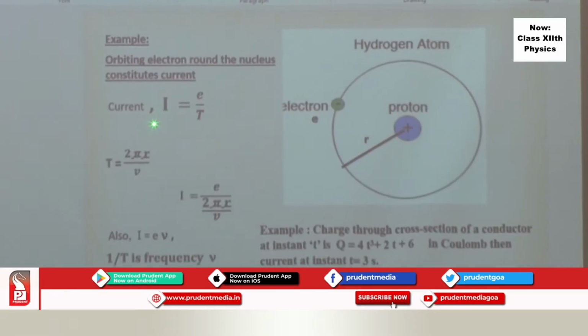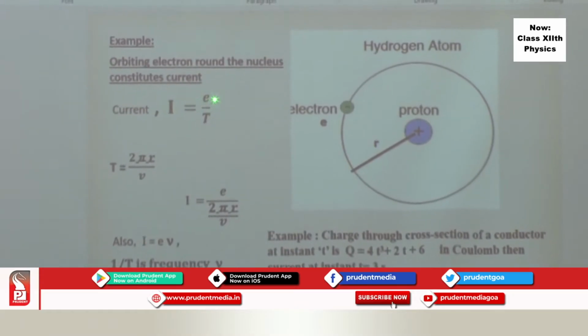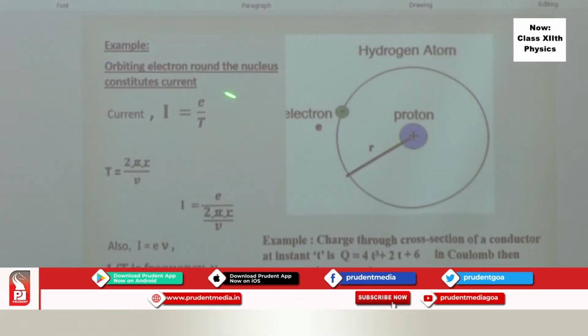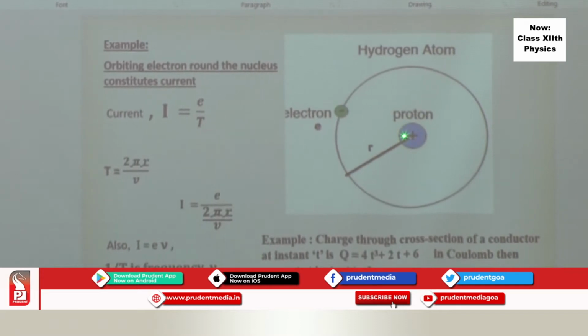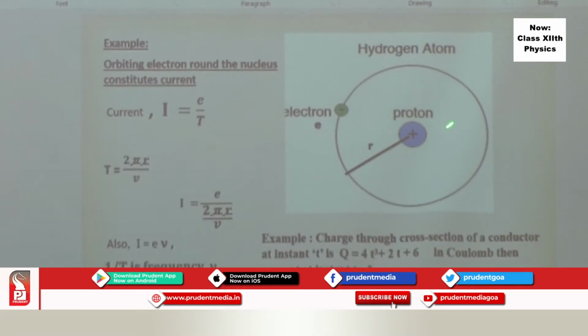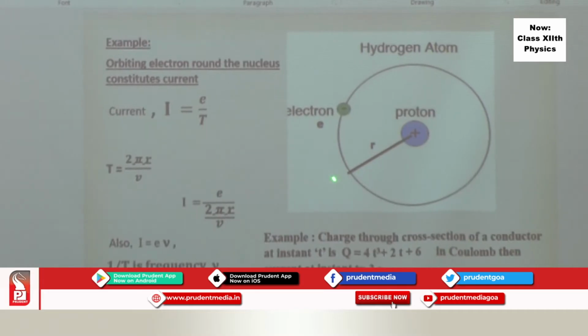So I straight away use the formula, current is equal to charge upon time. Charge of the electron is e. It is orbiting about a radius r. The centrally located proton is in the nucleus, and this is the hydrogen atom example I have taken. If you take 1/T as frequency, the current will be charge times frequency.